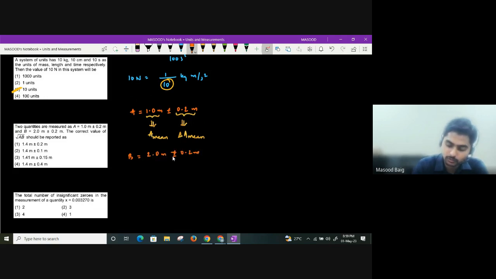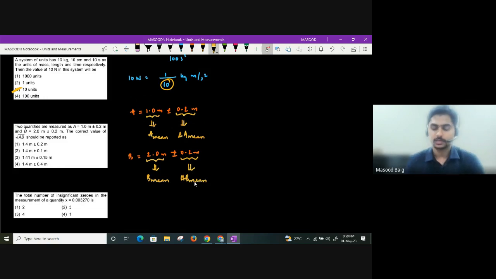So in this also, what we can write? I can write 2.0 meter will be mean value of B and 0.2 meter will be mean absolute error in the measurement of B. They're asking us root AB.